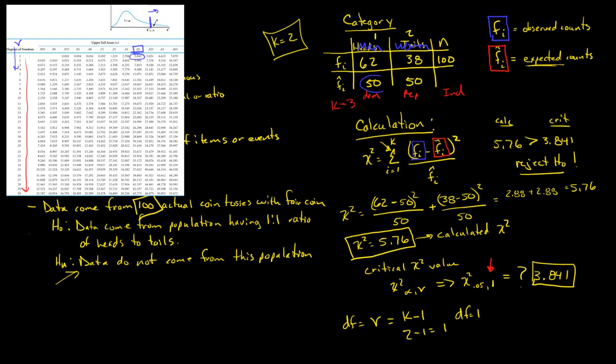You could change this from a 1-to-1 to a 60-40 and just ask whether your observed counts meet that expected breakdown of 60-40. So two things can happen here: you can expand k, and you can change the expectation of the ratio of these different k levels.